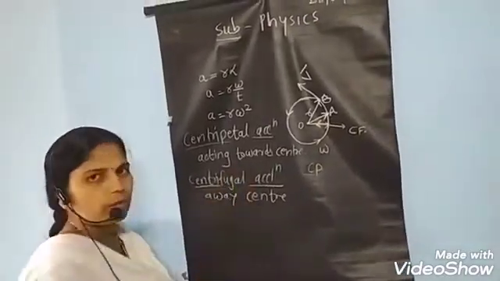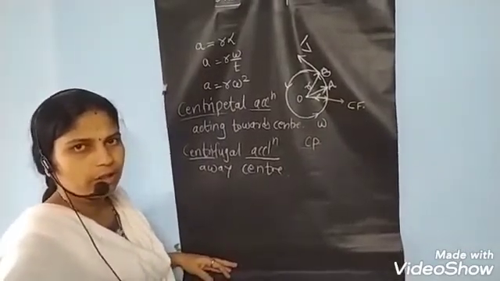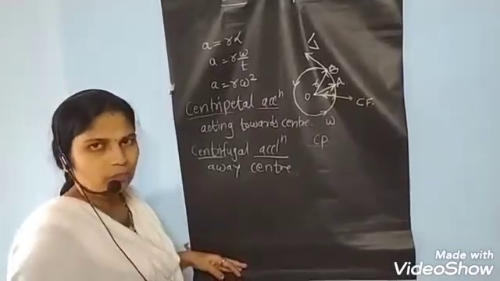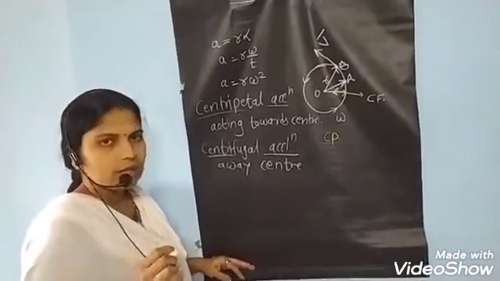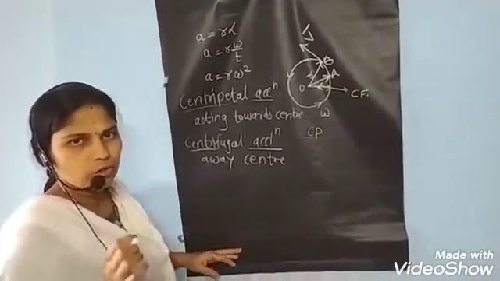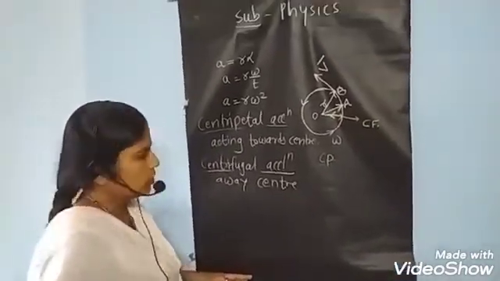Centripetal force example: all planets are revolving around the sun. This is an example of centripetal acceleration, because they are bound to the center. Electrons revolving around the positively charged nucleus are also an example of centripetal acceleration.